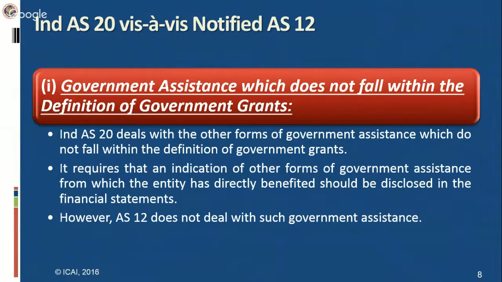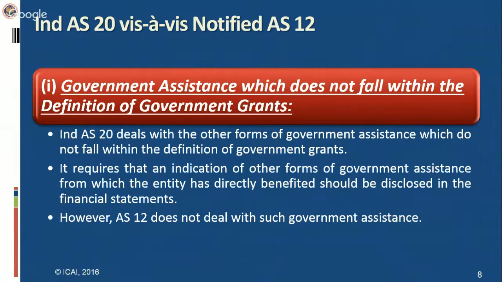So assistance does not include benefits provided indirectly for trading purposes or trading conditions, but the benefits which are provided other than for trading conditions. Government assistance is excluded from the definition of government grant. So government grant does not include government assistance.